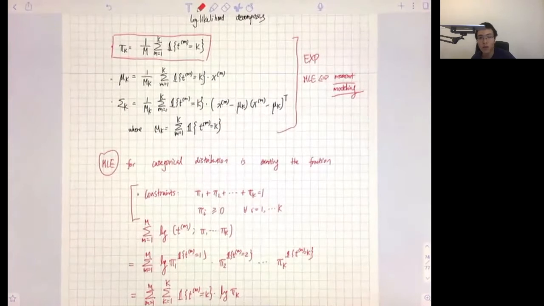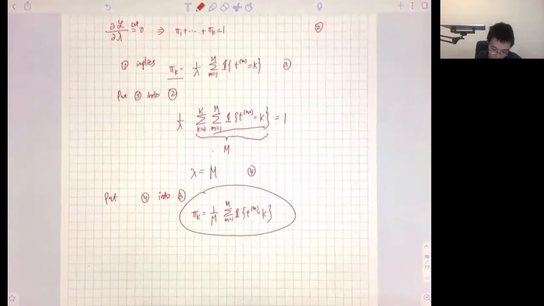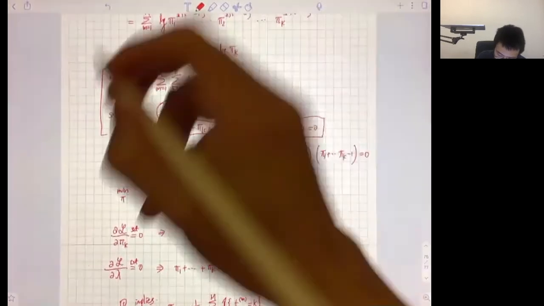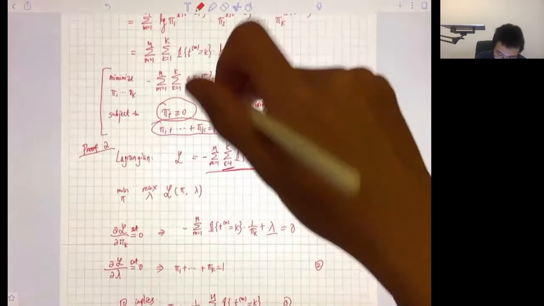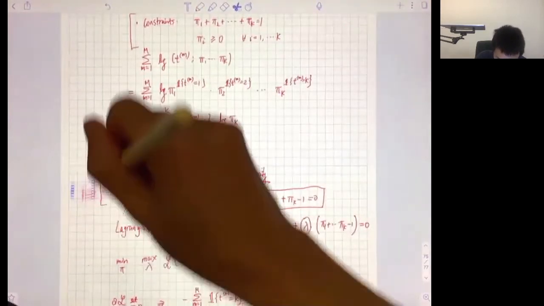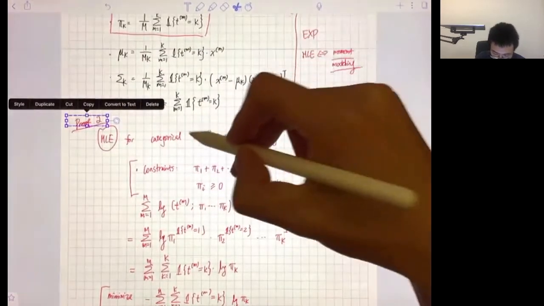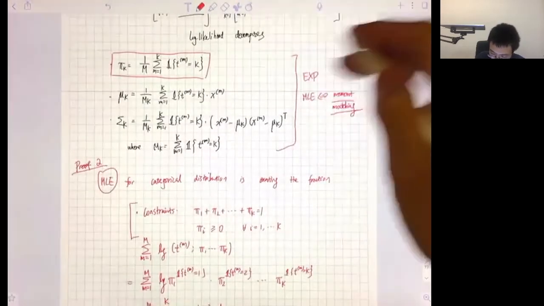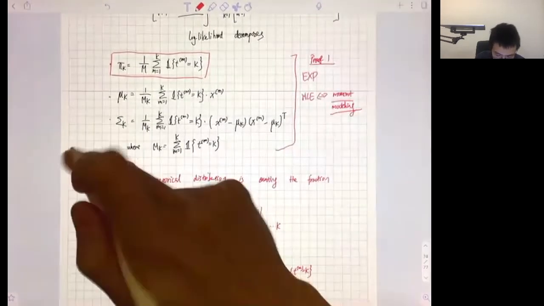This is not surprising because we're doing math, and if you derive from one path and from the other path, they must be the same. So this is proof 2, the second proof. The first proof is by moment matching, proof 1, and the second proof is this.